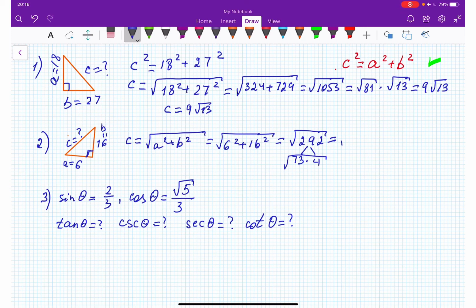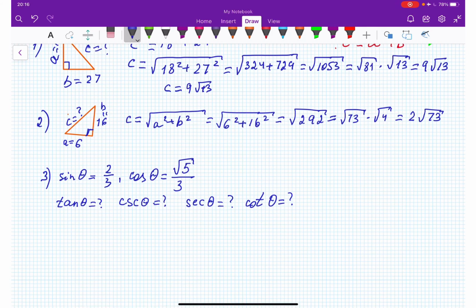Which means I can put square root of 73 times square root of 4. Let me clean this so it won't be confusing. Okay, and we have square root of 4 is 2. Square root of 73 will stay underneath. Okay, next question.